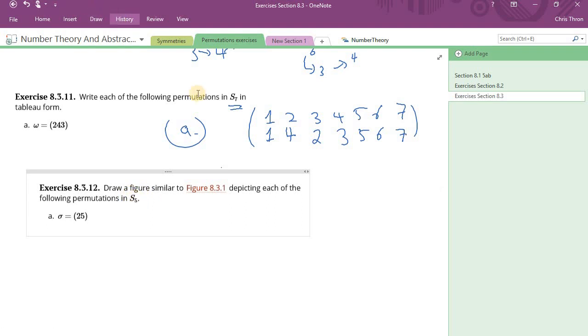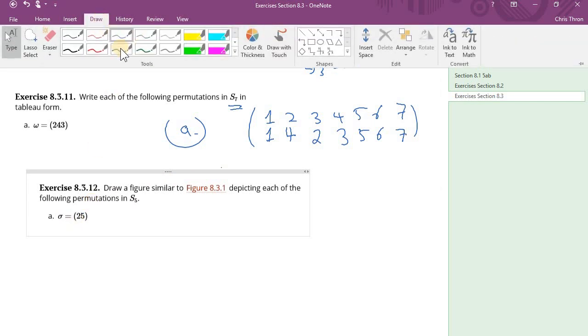Now, when I had the tableau here, I did show all of the elements in the set, even if they weren't moved. But typically, when you do these figures, you don't even show the elements that don't move. For instance, this is S5, 1, 3, and 4 don't even move. So there's no need to even draw them.